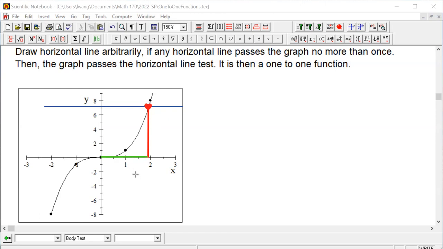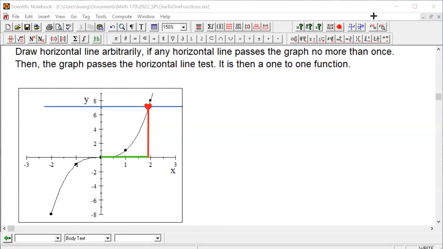So that is saying no two different inputs produce the same output. I hope I made myself understood.